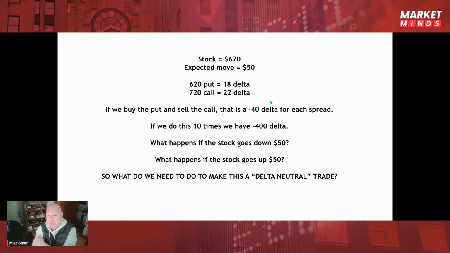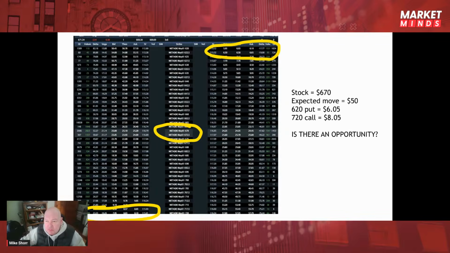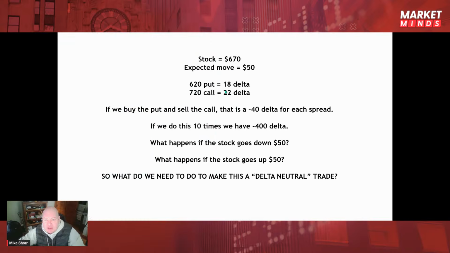Okay, so we see that the stock is 670, expected move is $50. We have about equal deltas here. Now, if we buy the put and we sell the call, that's a 40 delta between that. Does everybody see where that is? Because the 620 put is going to have, and we're buying that, so that's going to have a negative delta.